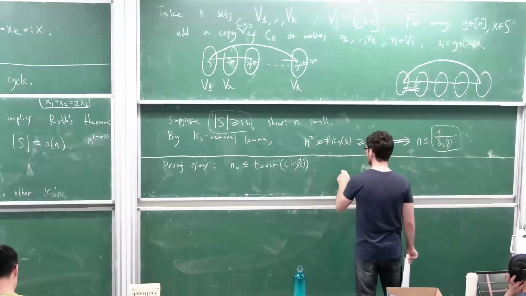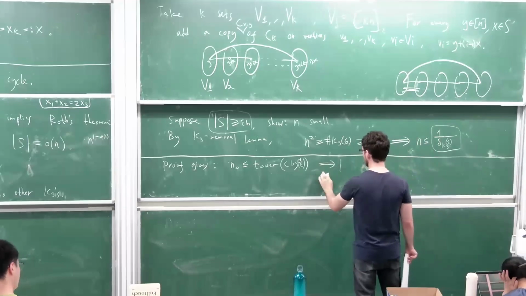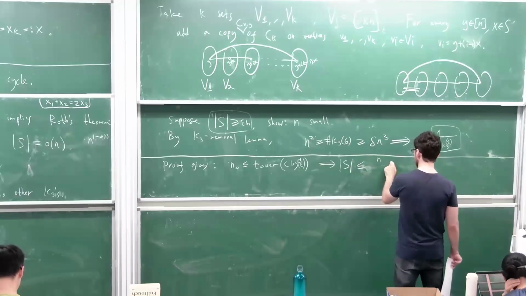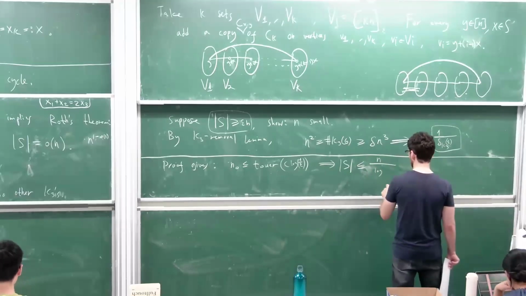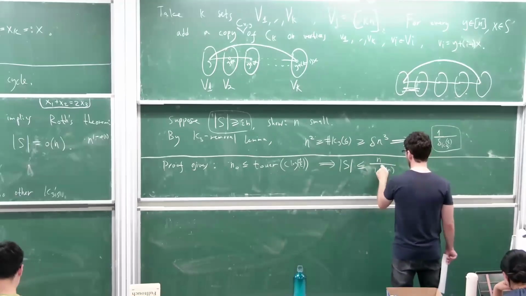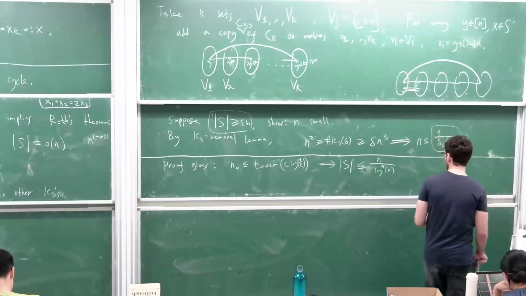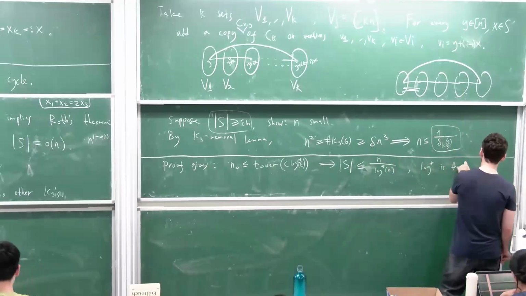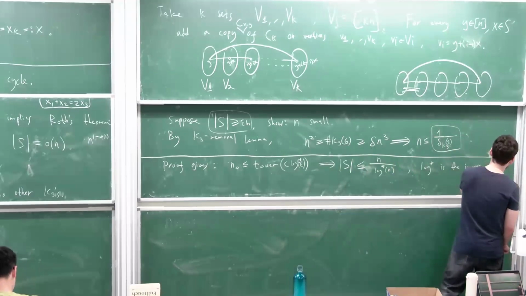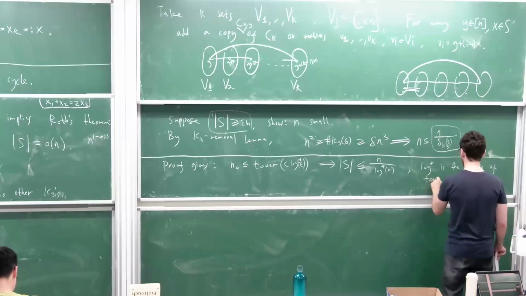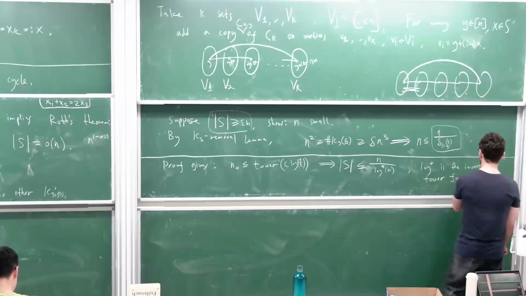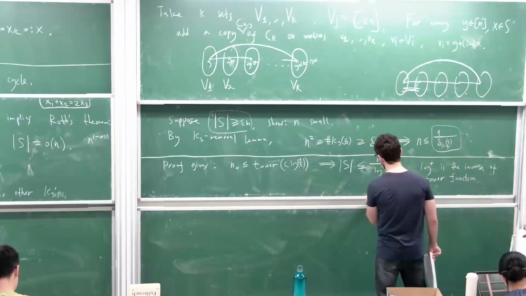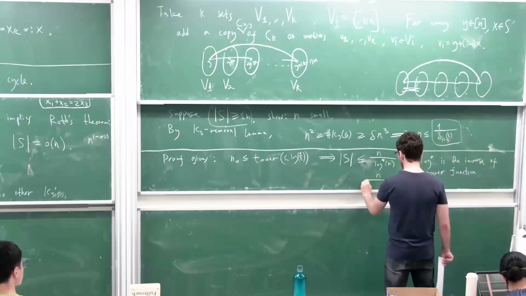So what this means, if I translate it, is that S is something like at most n over log star n, where the log star is the inverse of the tower function. I think with the log here, it should actually be n over e to the log star n.